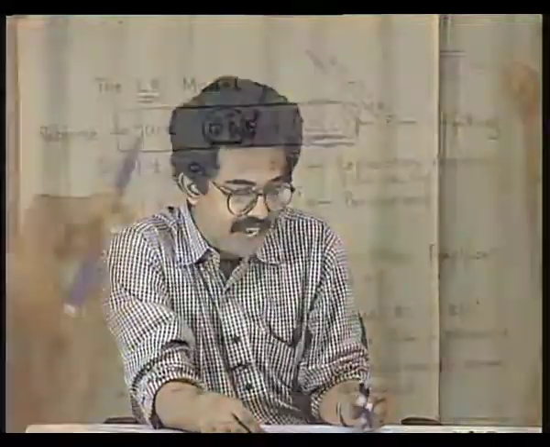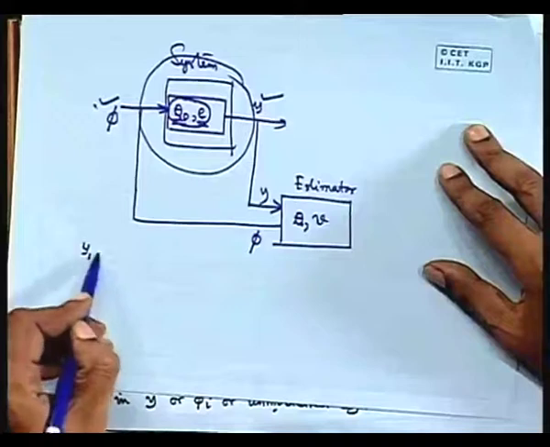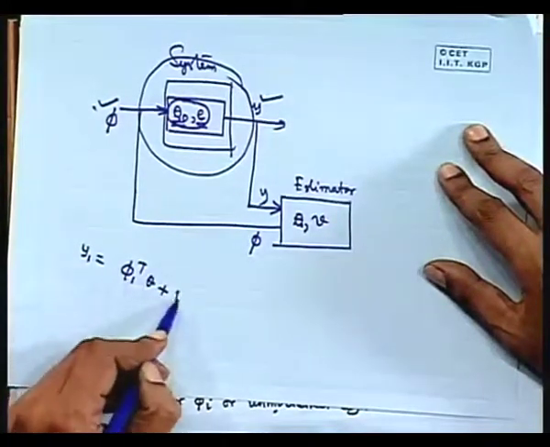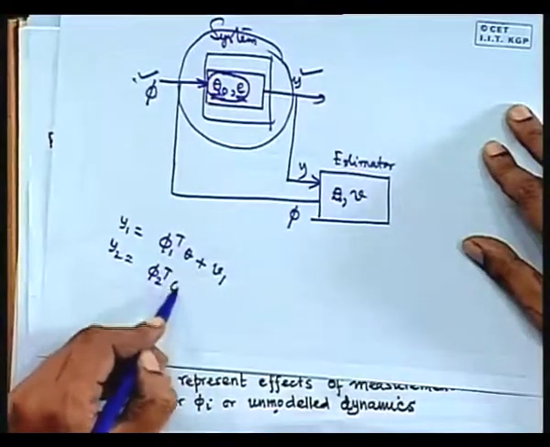So actually I have a set of such equations. My set of equations are y1 is equal to phi 1 transpose theta plus v1, y2 is equal to phi 2 transpose theta plus v2.